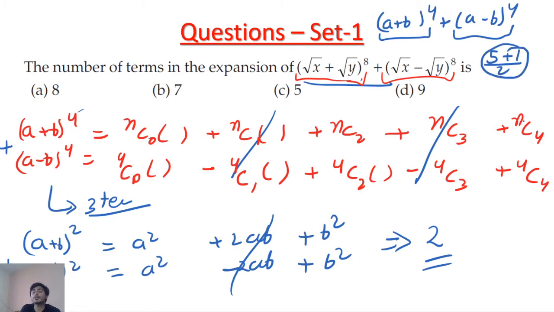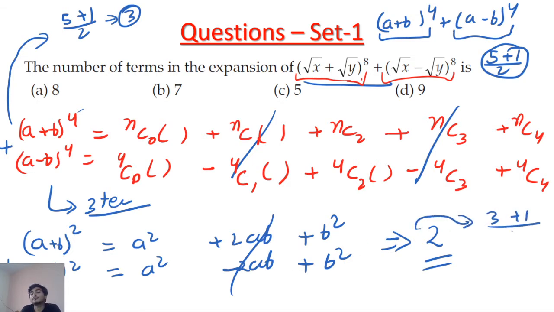These are the number of terms left. So in this expansion, (a + b)^4, how many terms are there? (5 + 1)/2, so 3 terms are left. Same way here, how many terms are there? 3 terms, so (3 + 1)/2, so 2 terms are left.